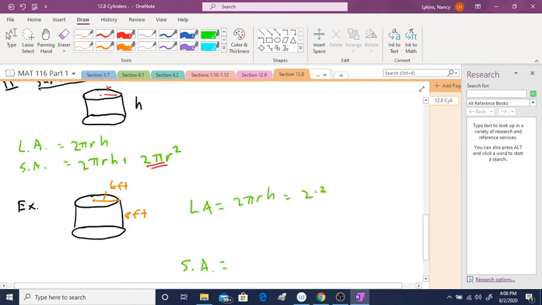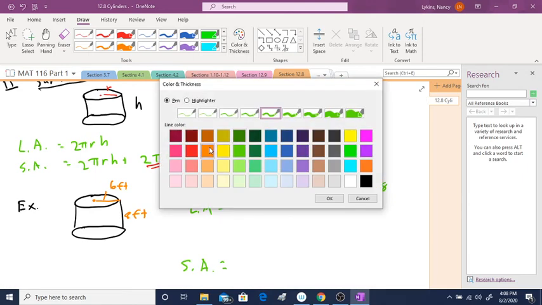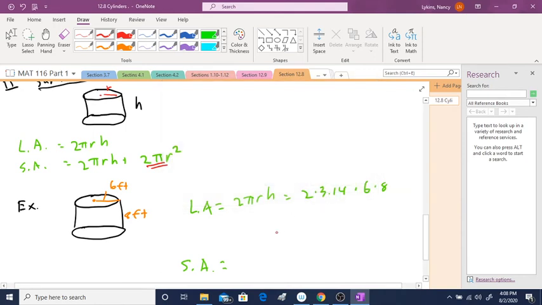So it's 2 times 3.14 times 6 times 8 feet. If you multiply all of this out, you should get 301.44, and it's going to be feet squared.